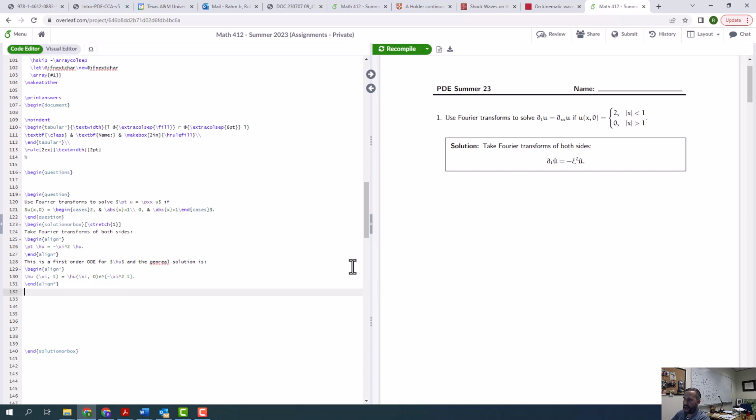Okay, so that's a general solution, but what is this? Maybe I'll talk about this separately. So what's that equal to? Well, now we're going to do the Fourier transform, but we're going to keep t equal to 0.